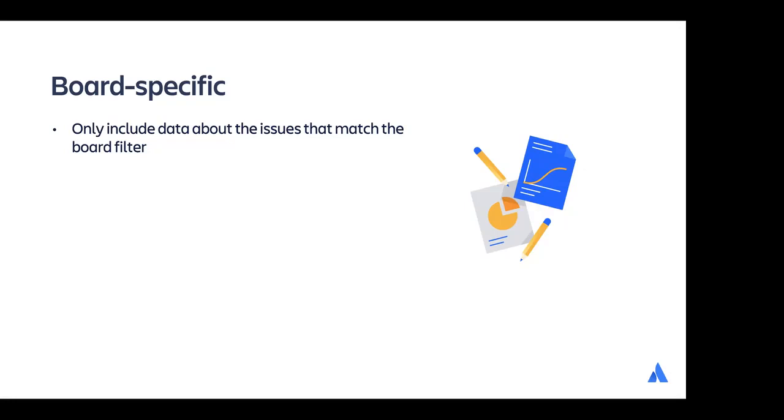However, that board filter can be changed so that it's only showing you a subset of issues or issues from multiple projects. So a board filter doesn't always have to include just one project or even all the issues in a project. That's an important thing to remember, because then the Agile reports will reflect that.